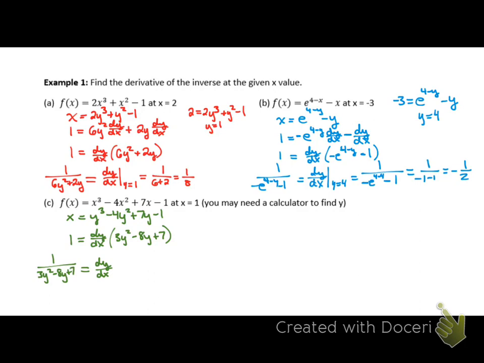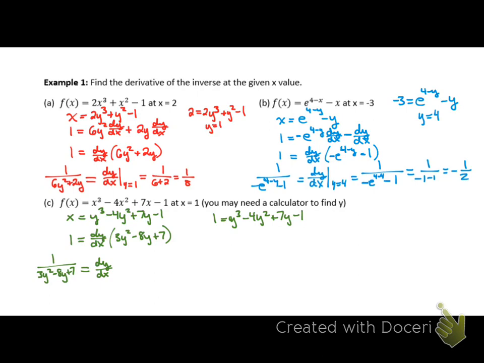Now, I still need to figure out what y value I would use if x is 1. So if 1 equals y cubed minus 4y squared plus 7y minus 1, and I try stuff, well, even if I plug in 0, it doesn't work because 1 doesn't equal negative 1.